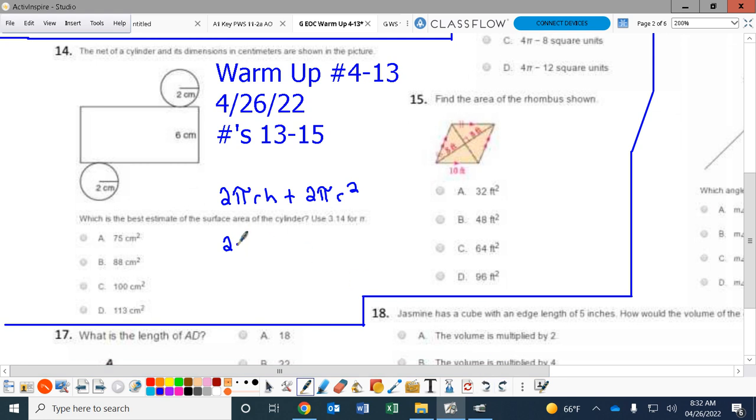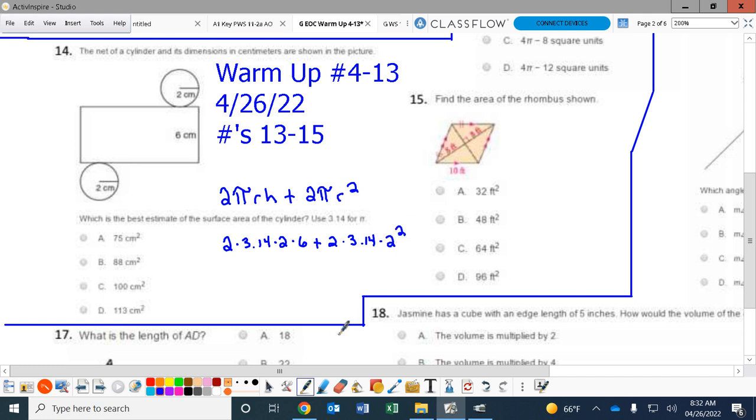So 2 times 3.14 times the radius of the circle, times the height. The radius of the circle is 2. The height of that shape is going to be 6, plus 2 times 3.14 times 2 squared.